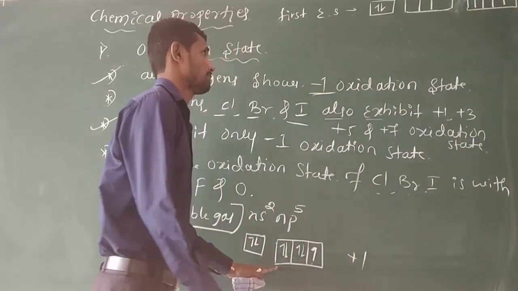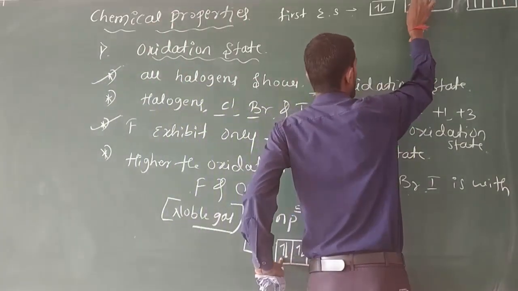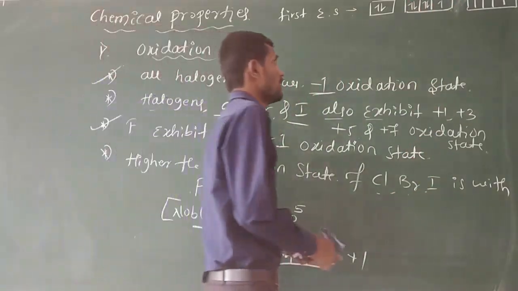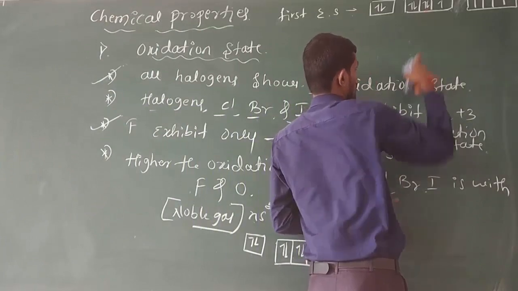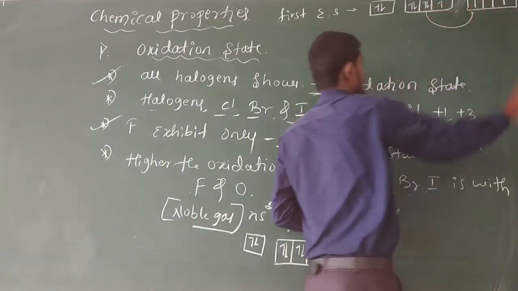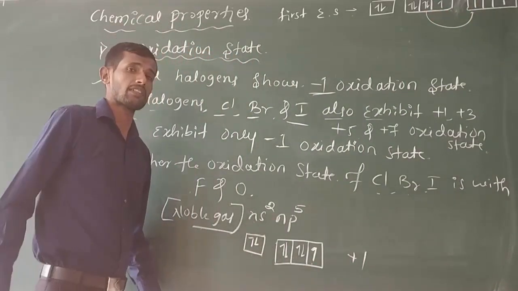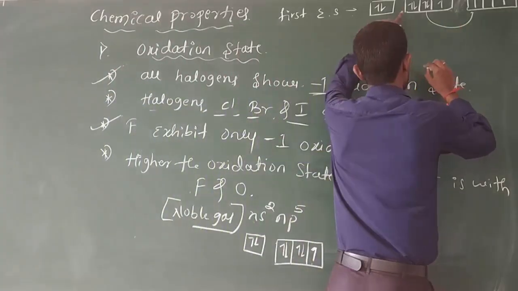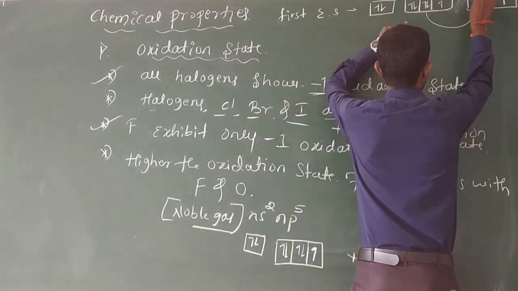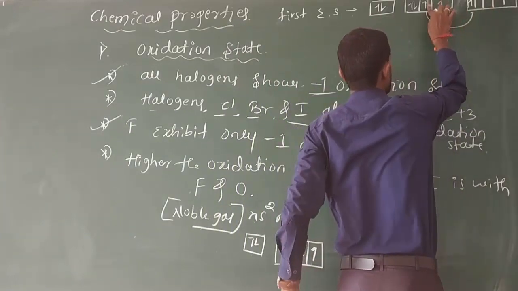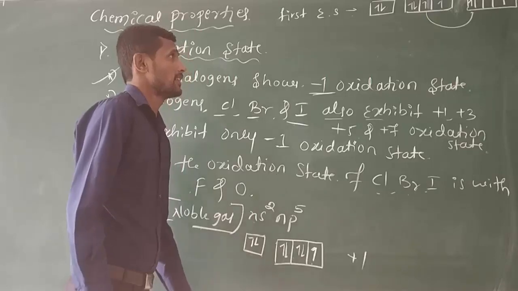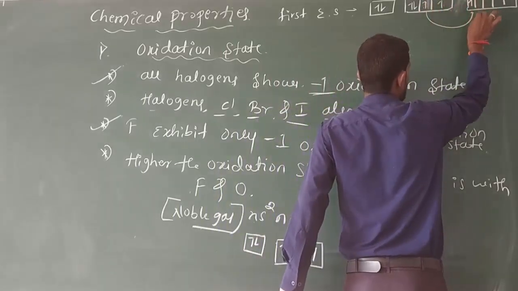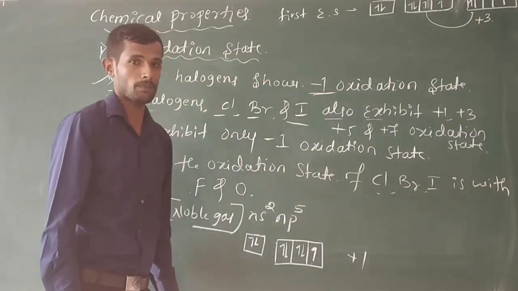But in the first excited state, one of these electrons migrates to a d orbital. So what I write, see, I show one electron here and remove it from here. This is the first excited state. Yes, now the number of unpaired electrons present here is 1, 2, 3, therefore it shows +3 oxidation state also.